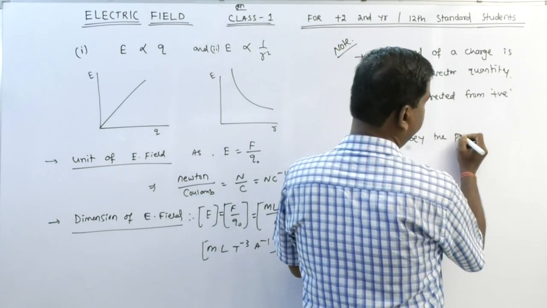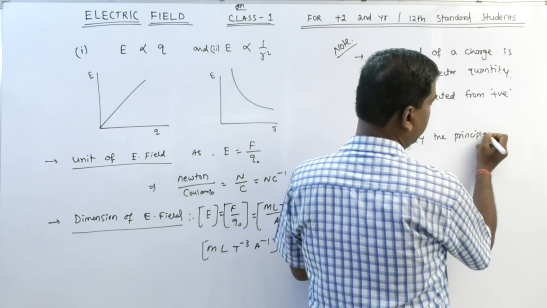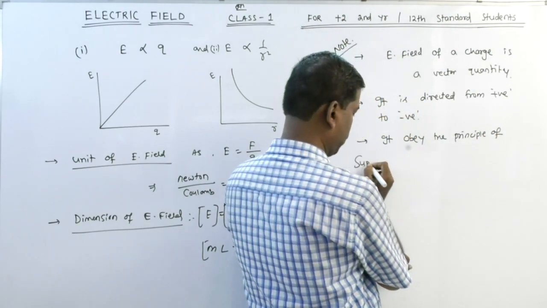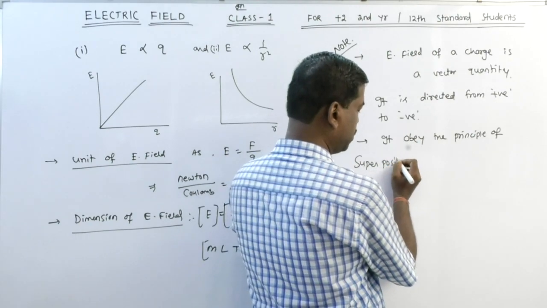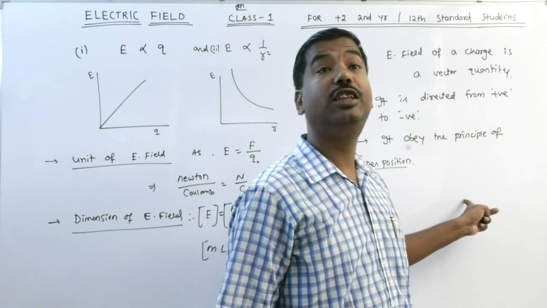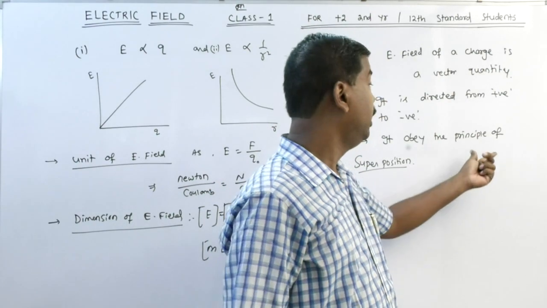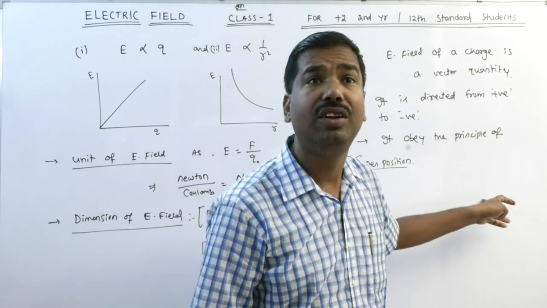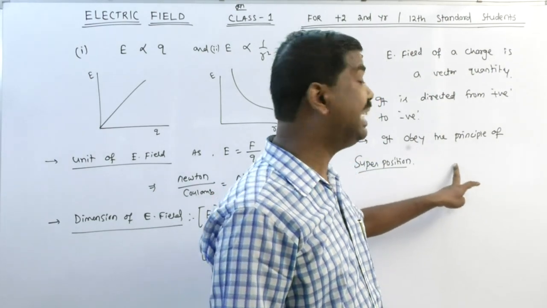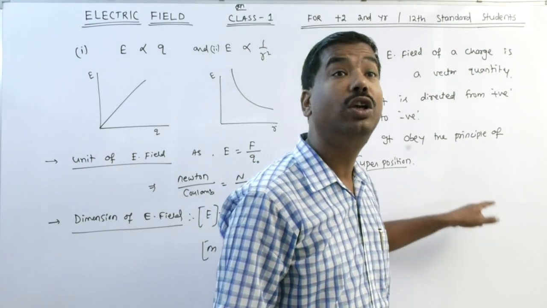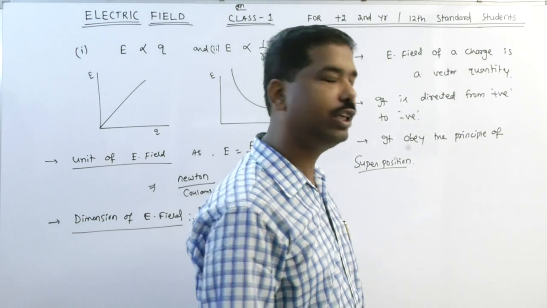It obeys the principle of superposition, which we have discussed in the fourth class of electric charge. It means for a system of charges of any distribution, the net electric field experienced by a charge is equal to the vector sum of the individual fields acting on it.